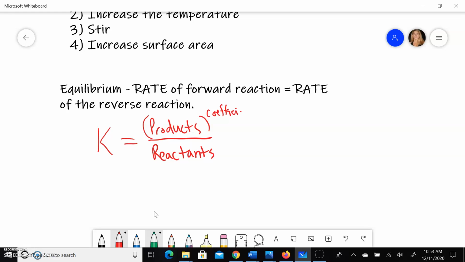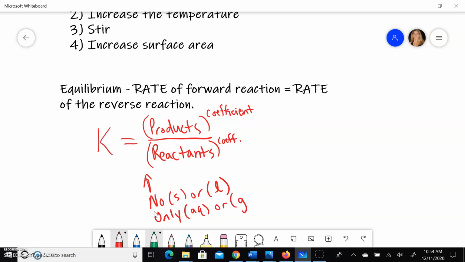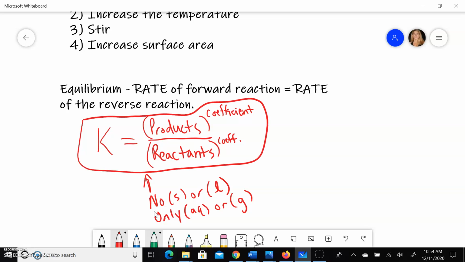So if they have a number in front of them, those are going to become their power. Make sure that you don't include solids or liquids. You're only going to include things that have AQ or gases. So make sure you can write that for a reaction.